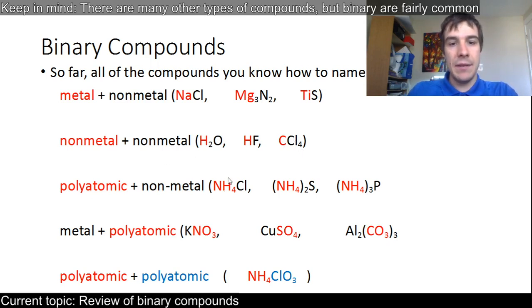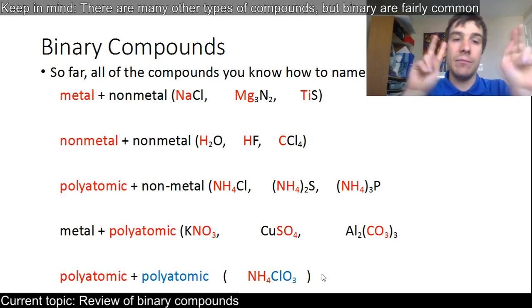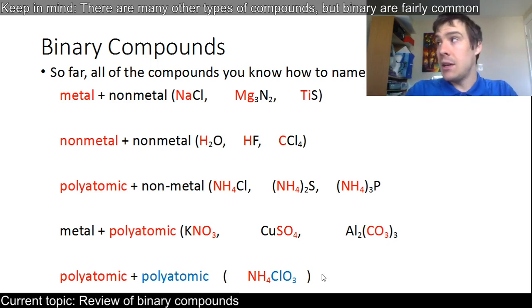Polyatomic and nonmetal, so ammonium chloride, ammonium sulfide, ammonium phosphide. Metal and a polyatomic: potassium nitrate, copper(II) sulfate, aluminum carbonate, and then ammonium chlorate down here. Notice that all of them have two names, two parts, essentially is what binary means.